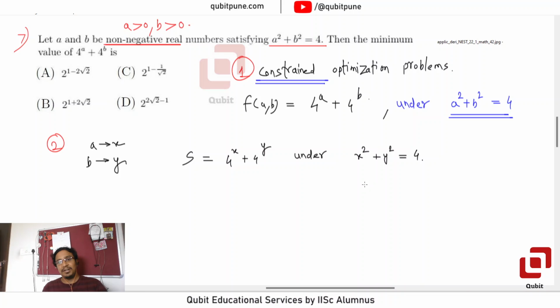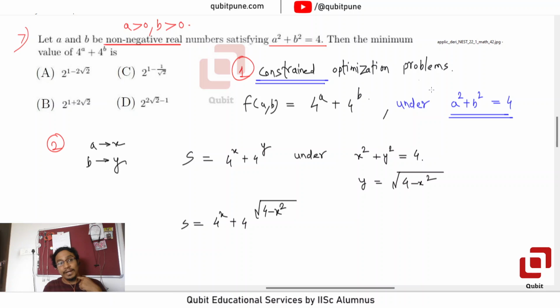Right? So our standard process is to eliminate y. It is given non-negative, so the positive root will come. And then we get this function as 4 raised to x plus 4 raised to root 4 minus x squared. Raise your hands if you have understood till this.